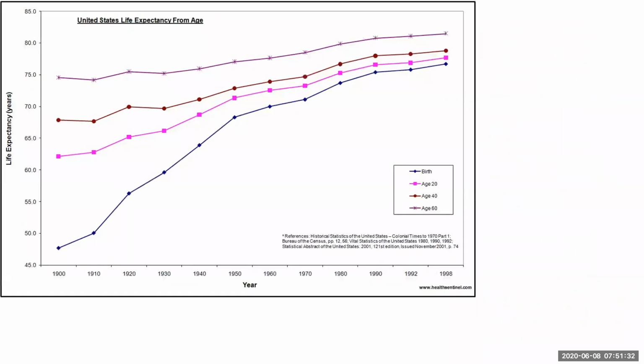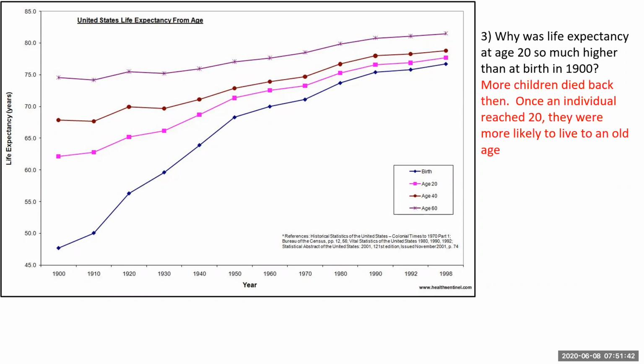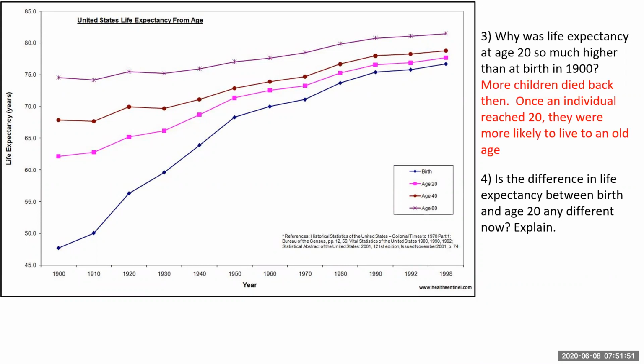Now, why was life expectancy at age 20 so much higher than at birth in 1900? More children died back then. Once an individual reached 20, they were more likely to live to an old age. Is that okay? Now, is there any difference now between life expectancy at birth and at age 20?